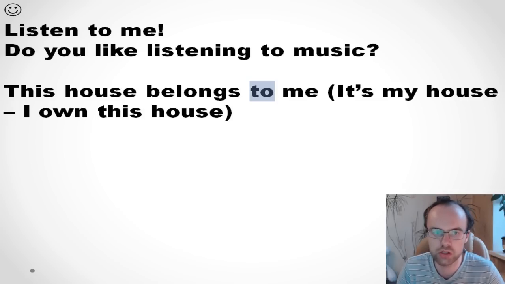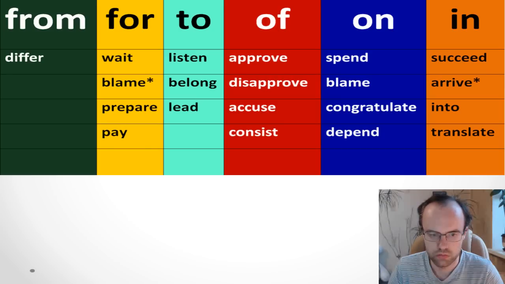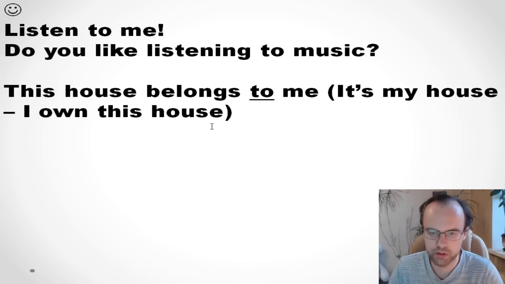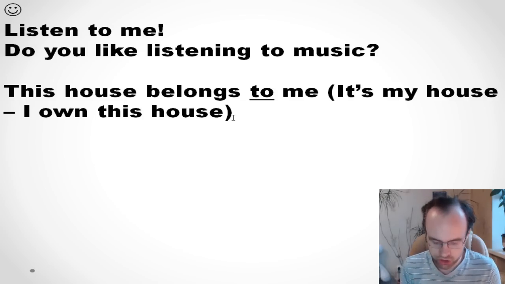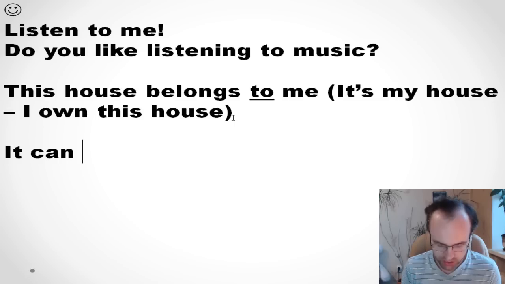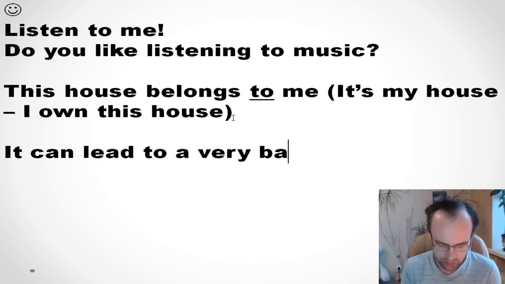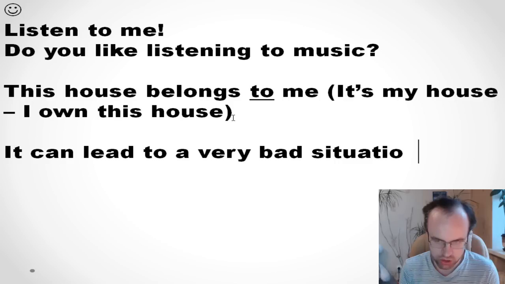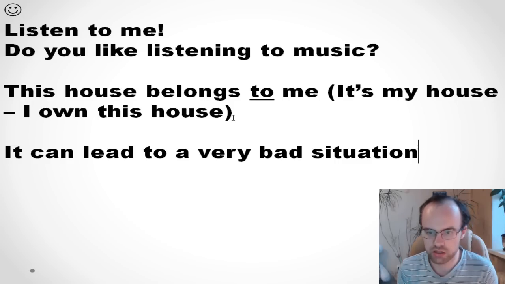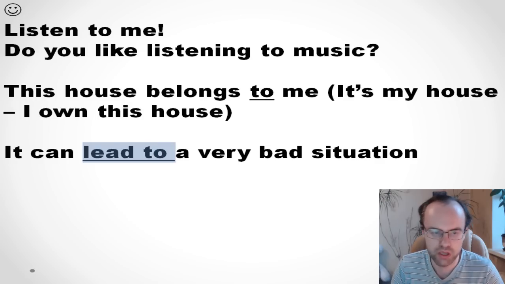So we say belong to. Good. And lead to. For example, it can lead to a very bad situation. It means that it can happen soon. A very bad situation will be this result.